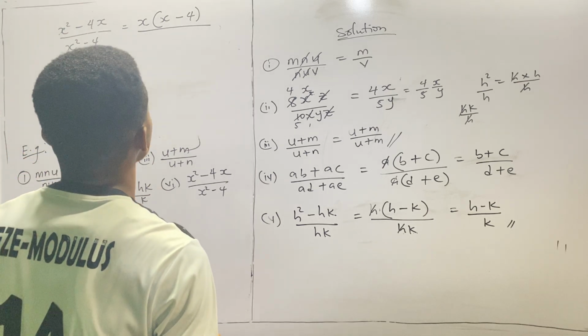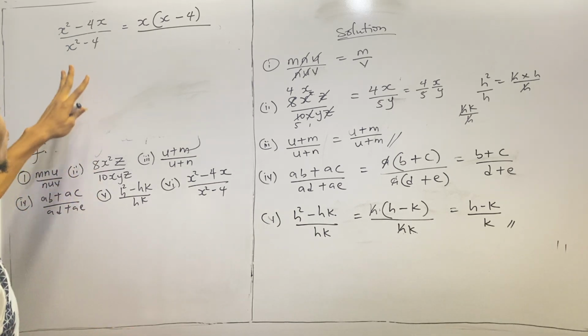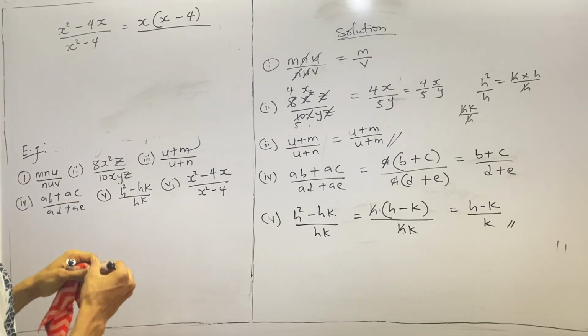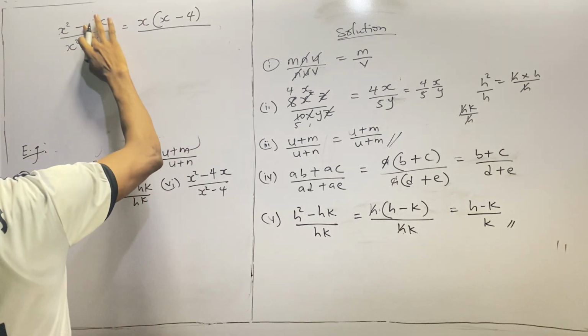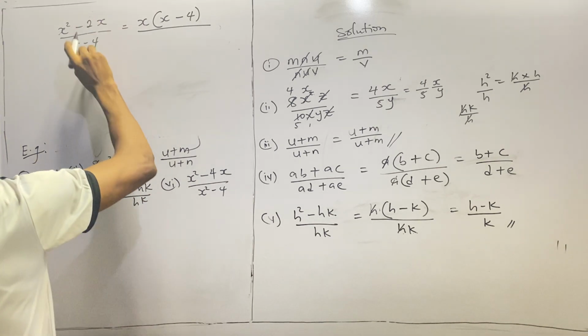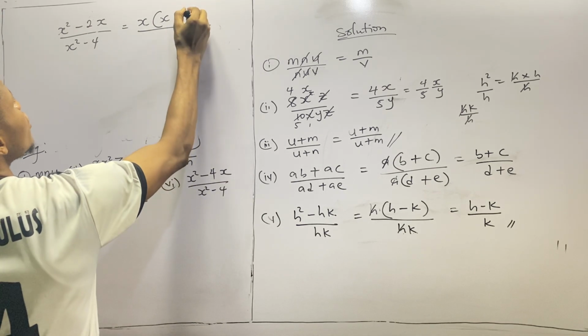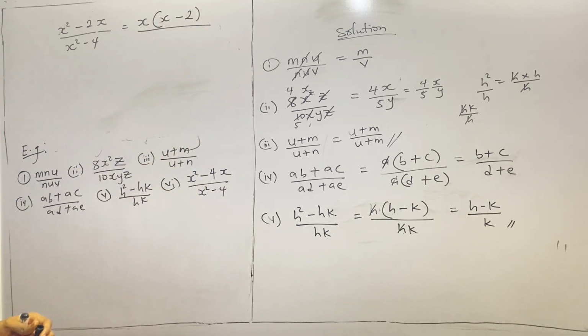Because of the way it is being positioned. Now, let me add something here. Let me say 2 here. Okay, so if I have 2 here, let me have 2 here. Let's work with 2. Okay, so it will look like what I want it to look like.